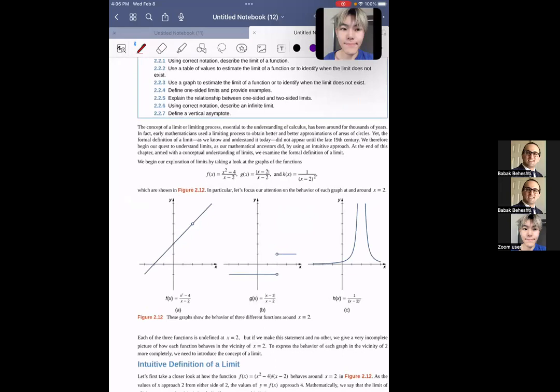So in these three examples, there are three functions, and we want to find the limit at the point x equal to 2.